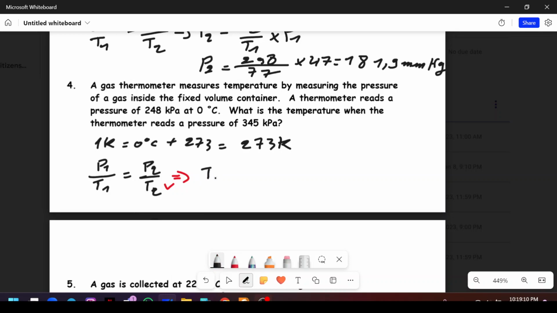Now T2 would be equal to P2 by P1 times T1.